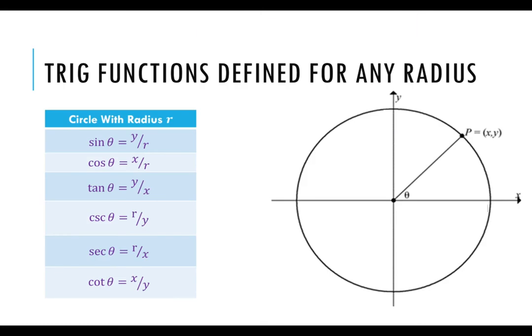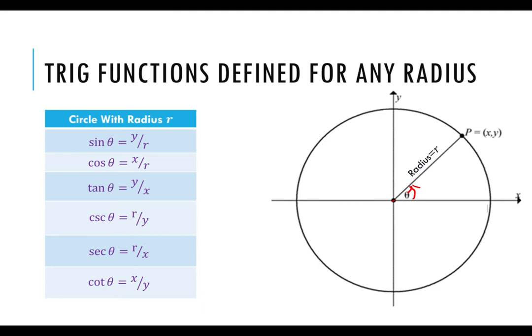Well, after all of this, you can definitely generalize our unit circle definition to a circle with any radius r. And so we're not going to fix it with a radius 1 anymore. Given any circle centered at the origin on an xy coordinate plane, then I can find the values of any trig function based on the rotations of theta when rotating from standard position by finding sine of theta is equal to y divided by the radius r.